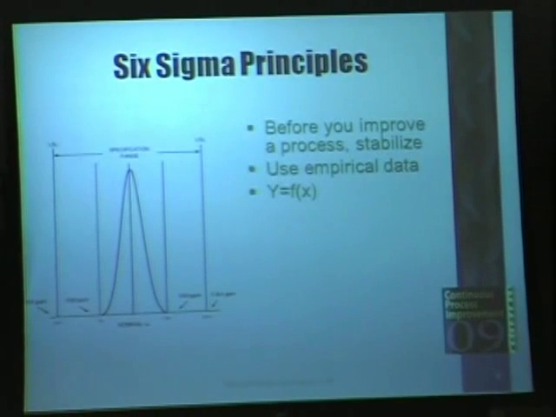So in Six Sigma, we try to find those key inputs that affect the outputs of our processes. Also in the Six Sigma movement, there's a strong emphasis on effective project management. Project management is actually part of the Six Sigma curriculum.